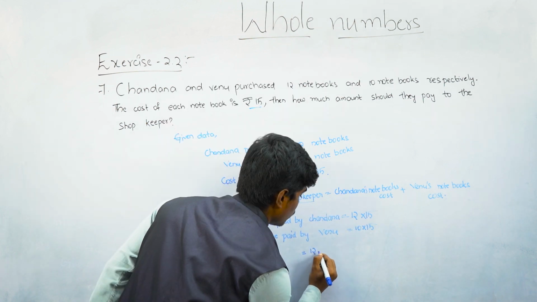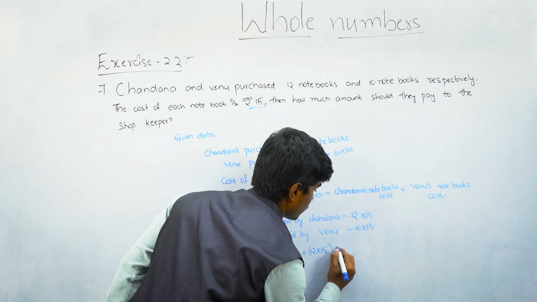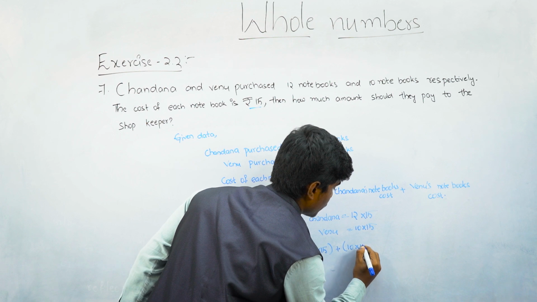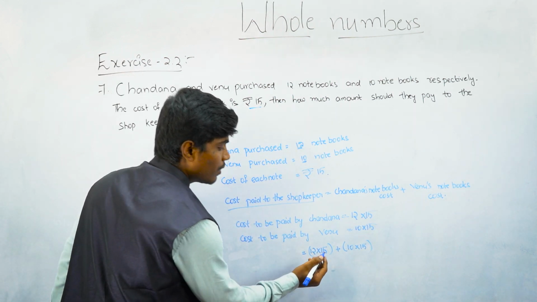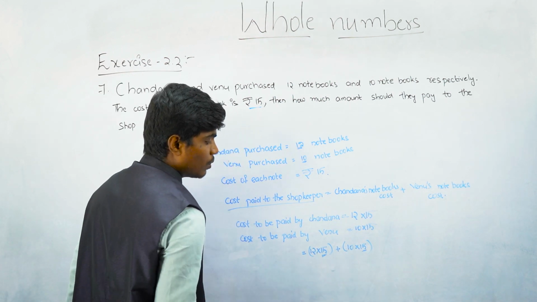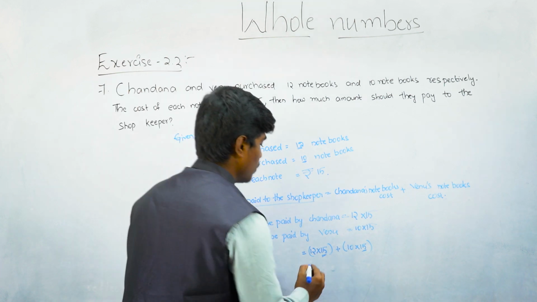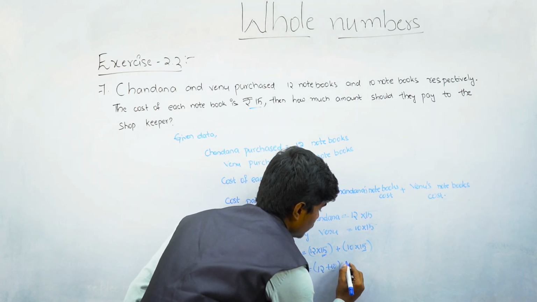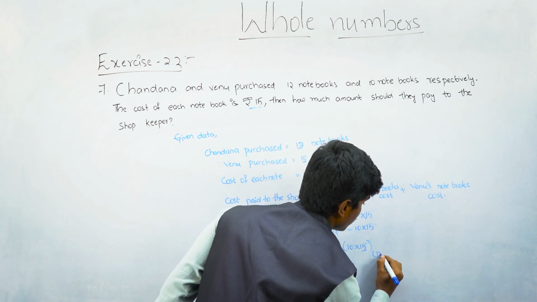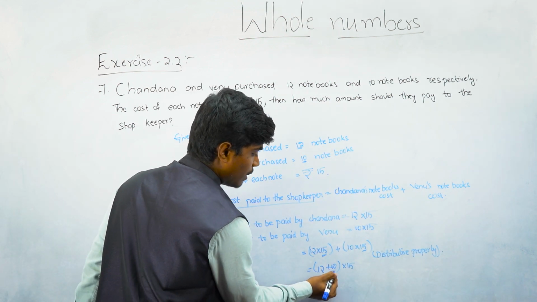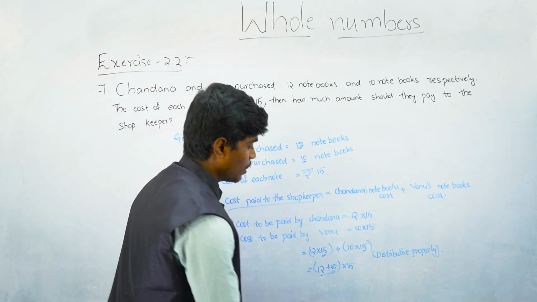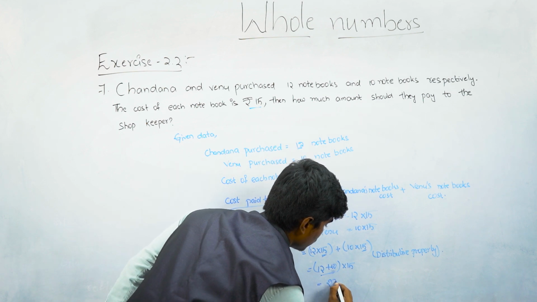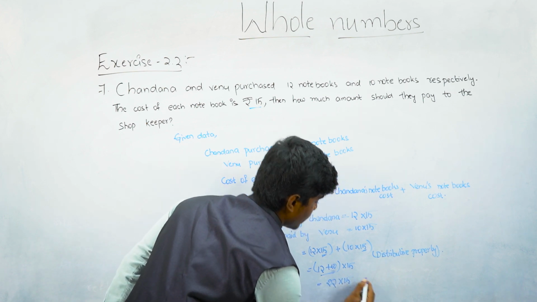So it is 12 into 15 plus 10 into 15. See here, 15 is distributed to 12 and 10, so we can rewrite it as 12 plus 10 into 15. Here we use the distributive property. First we find the value of 12 plus 10, which is 22 into 15.